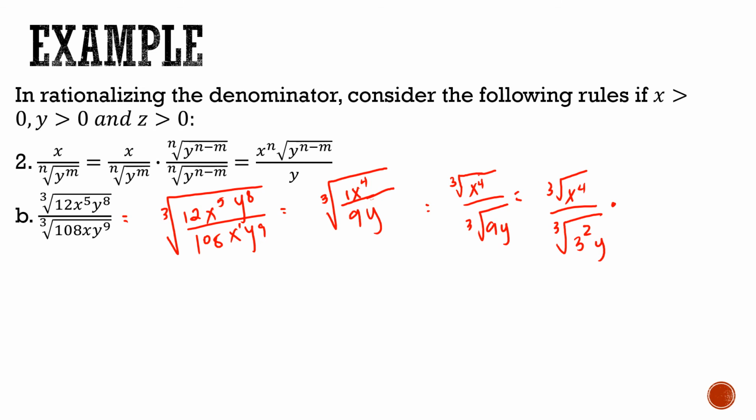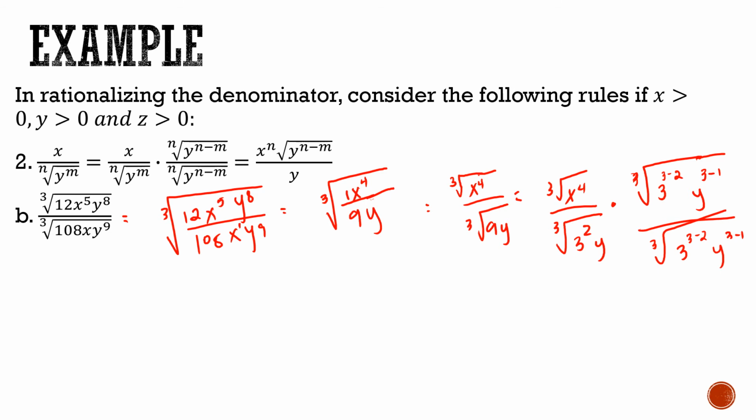So we can write this as the cube root of 3. So the index is 3. So this is 3 to the 3 minus 2 and y to the 3 minus 1. The next step is to simplify the given exponents.